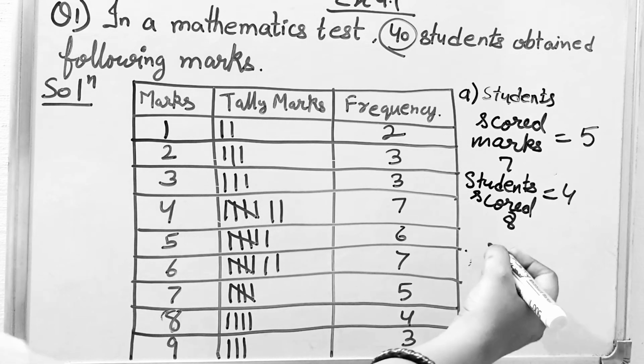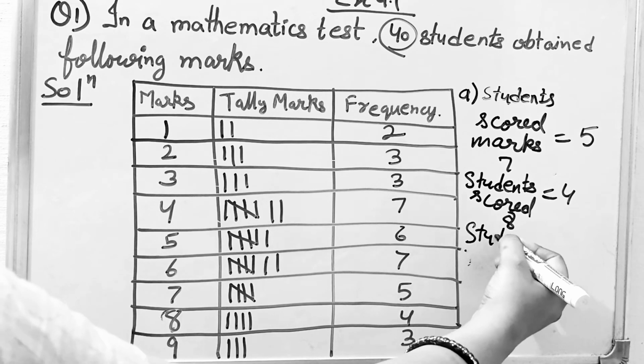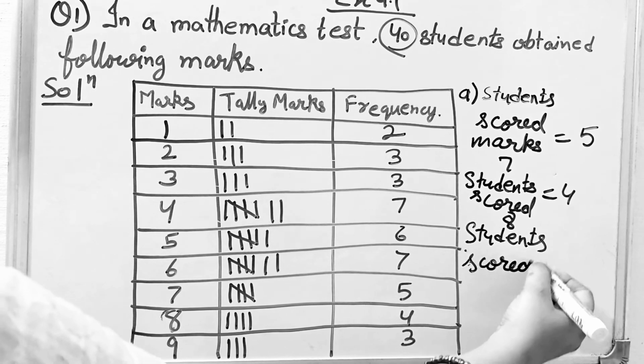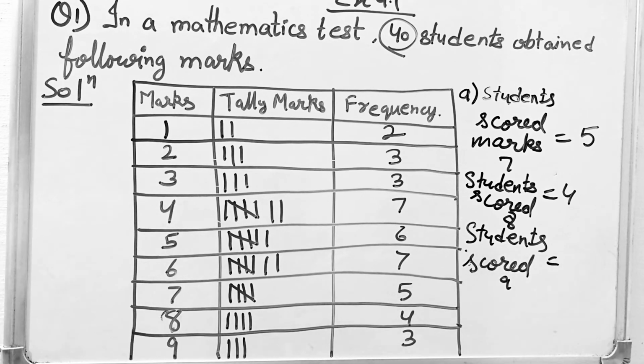Then for marks 9, students scored 9 marks. We can see from the table that there are only 3 students who have scored 9 marks.